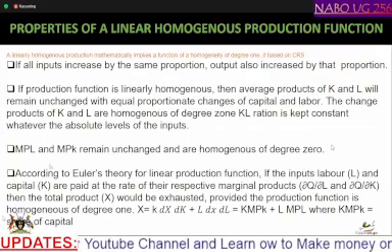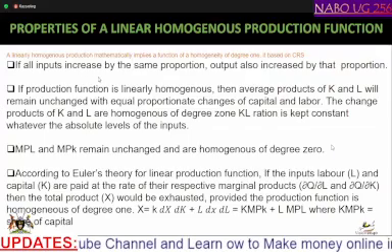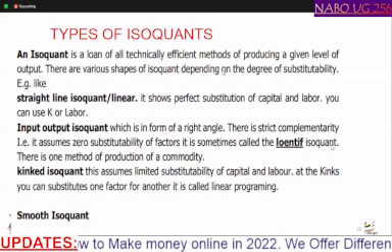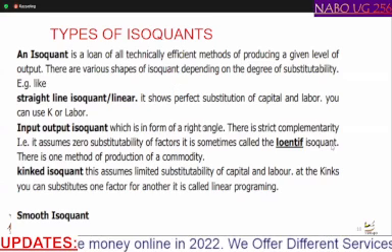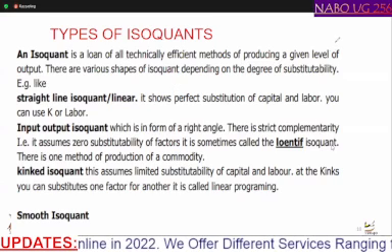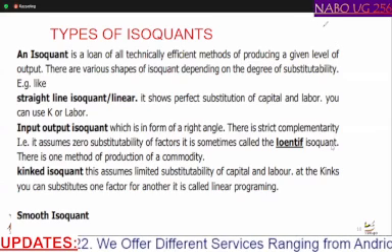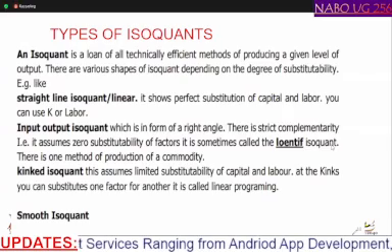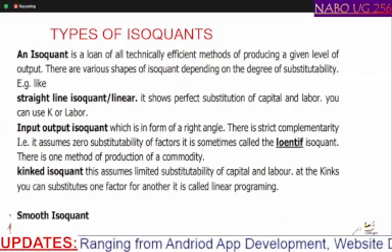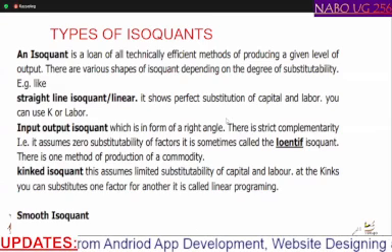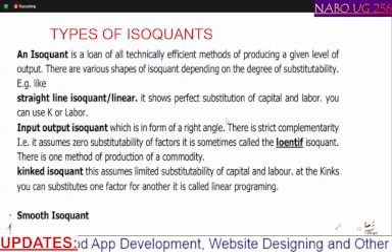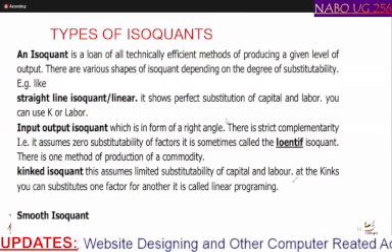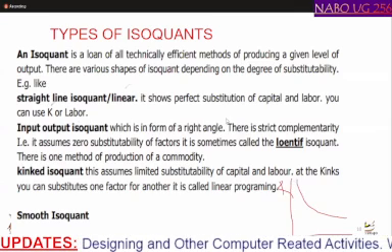So basically, output in the long run is represented by an isoquant. Output in the long run is represented by what? An isoquant. It shows a technically efficient method of producing a given level of what?